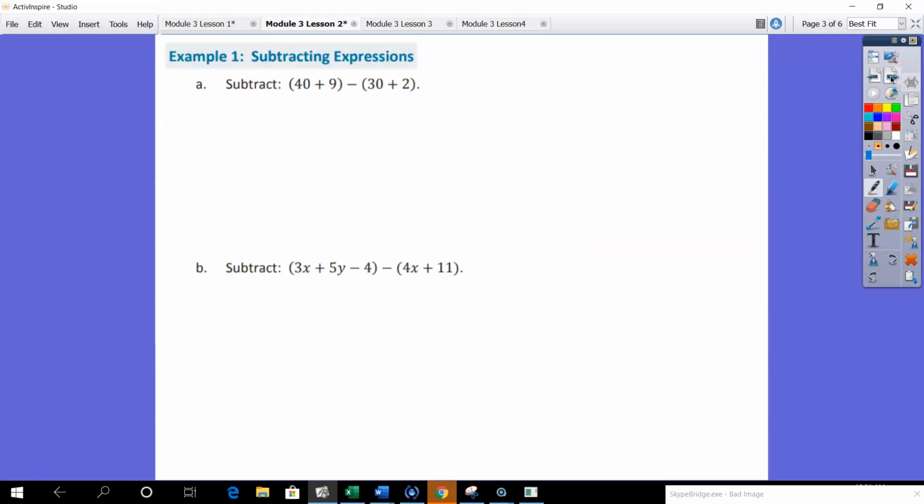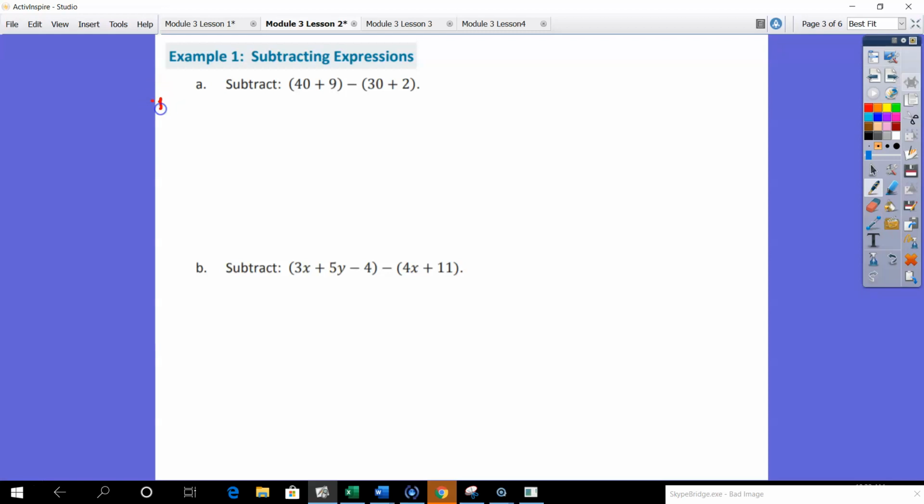Okay, so in this example, we're asked to subtract these two expressions. If we did the opposite of the sum and the sum of the opposites, we have subtraction that we see there, so we're going to change it.